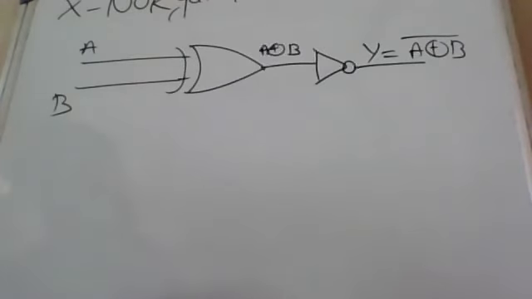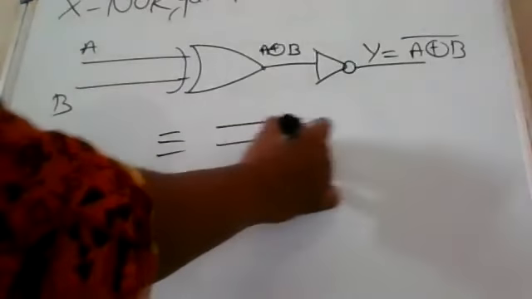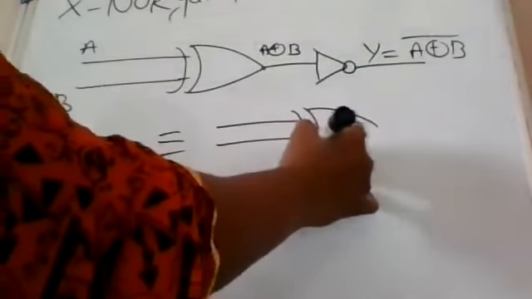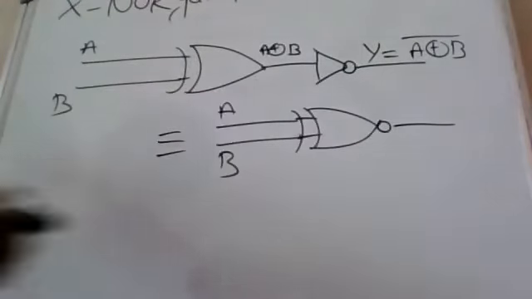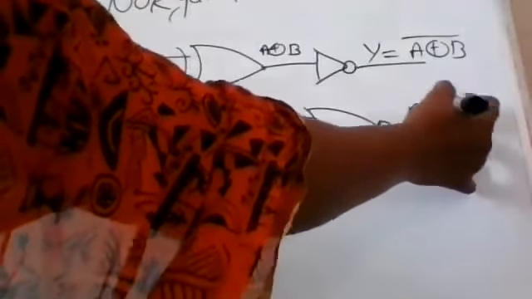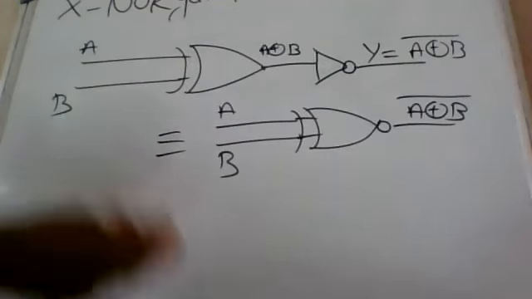So for A, B inputs, the output is A exclusive operation B complement. This is also the XNOR gate. Truth table of XNOR gate.